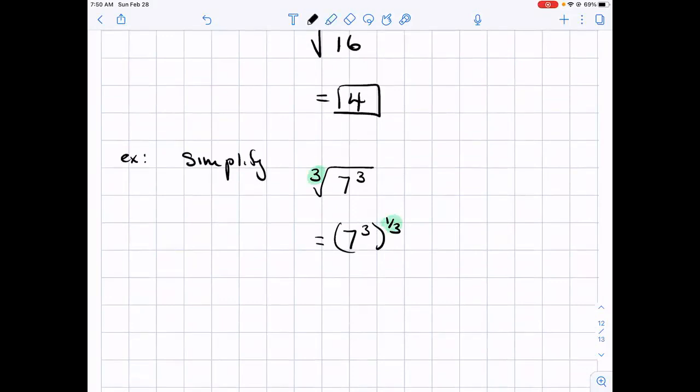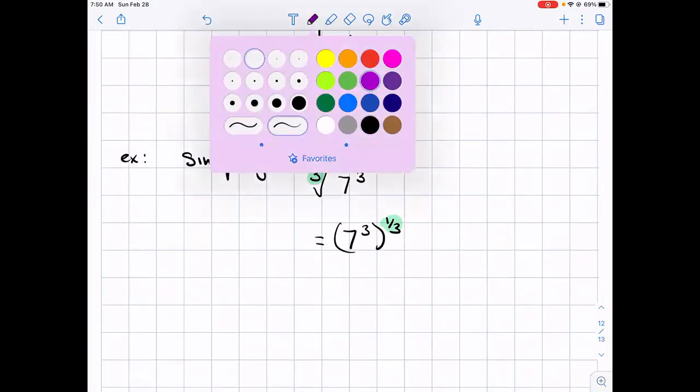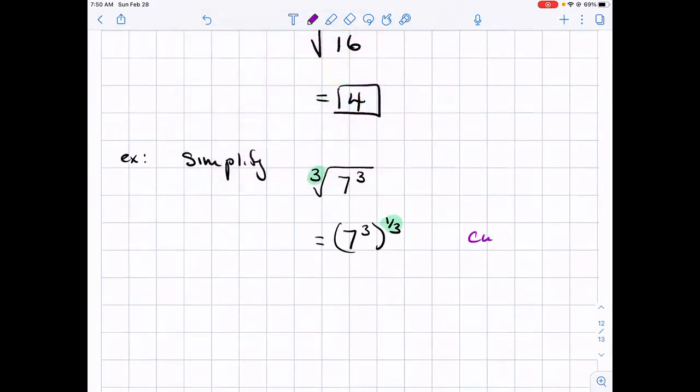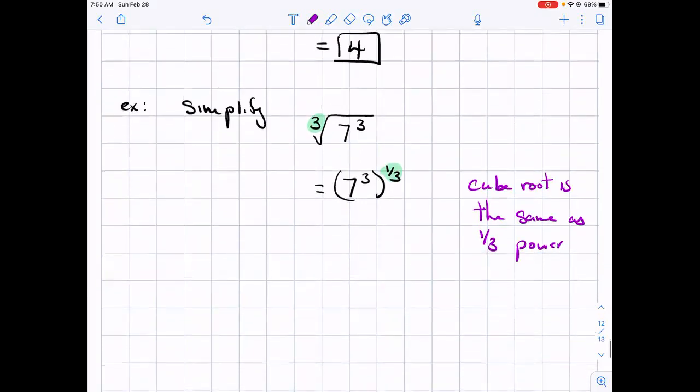Let's make a note of that, because you want to know cube root is the same as 1/3 power. And then if you distribute now, this becomes just 7.